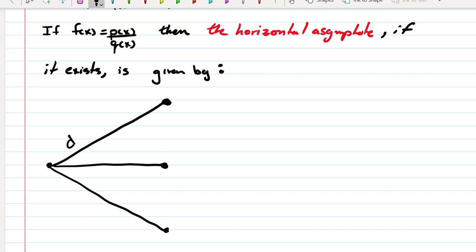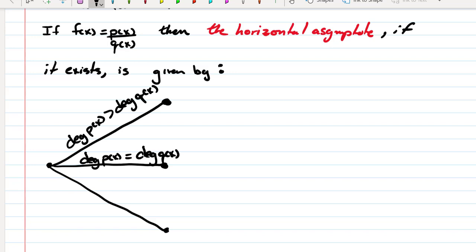So our first choice is if the degree of p of x is bigger than the degree of q of x. Our middle choice is the degree of p of x is the same as the degree of q of x.